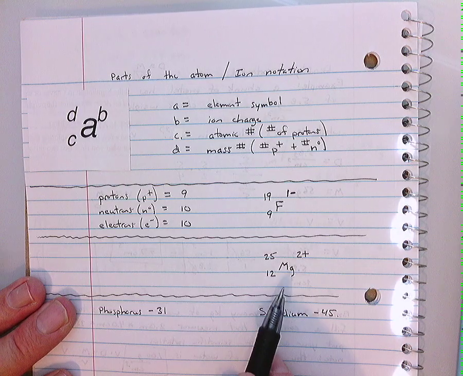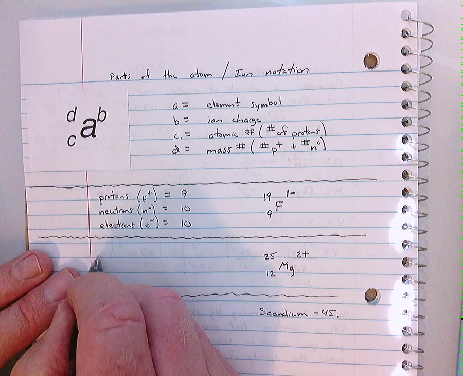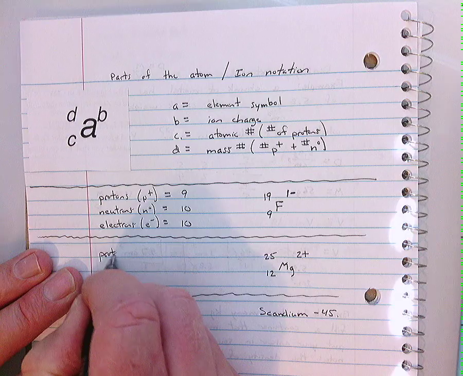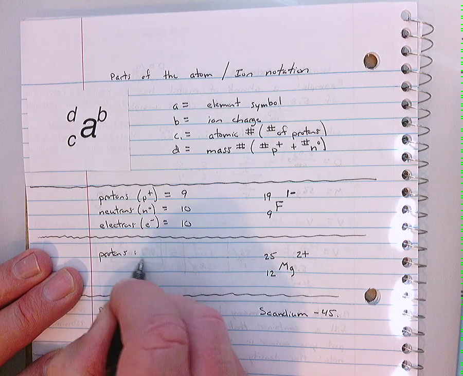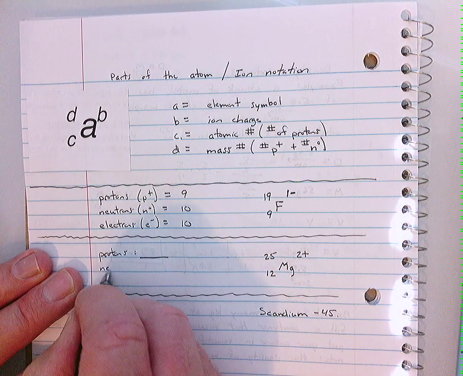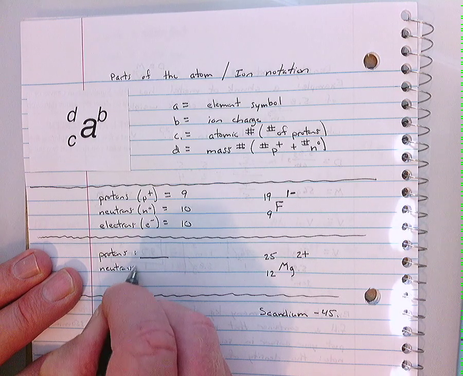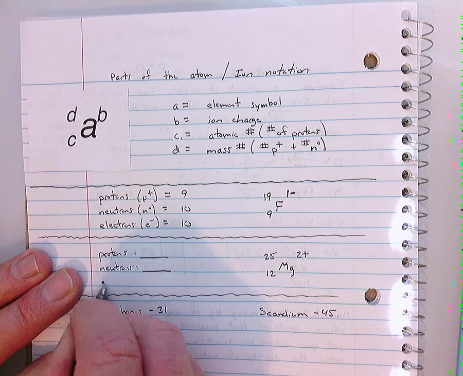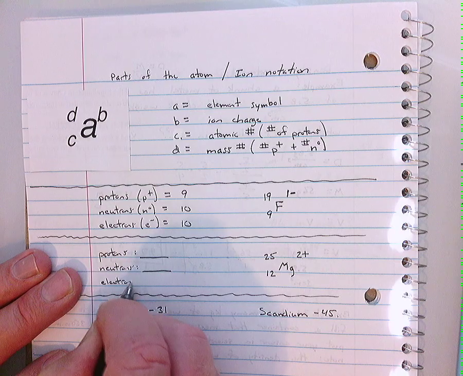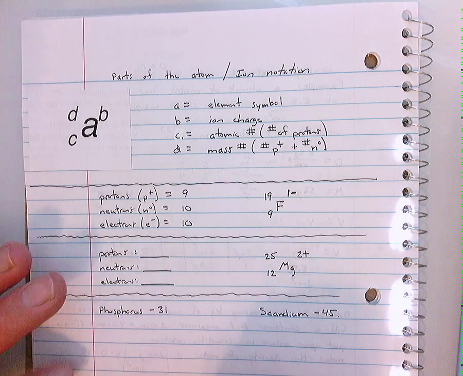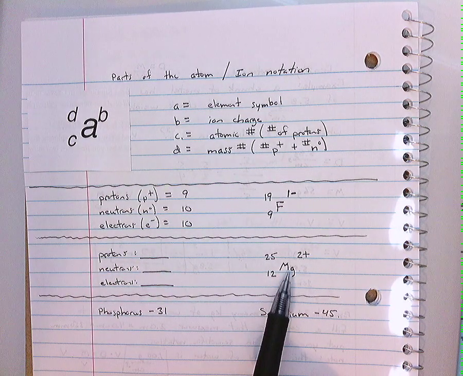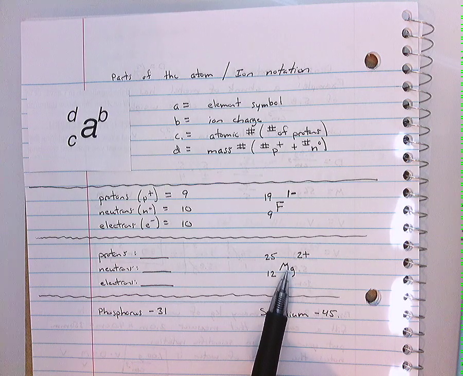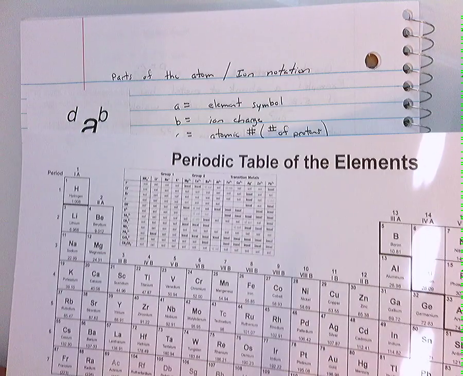Conversely, if we're going the other direction, we have the symbol, and we're trying to determine the number of protons, neutrons, and electrons. Well, here we go. This element is magnesium. We don't need to go to the periodic table, but we could.